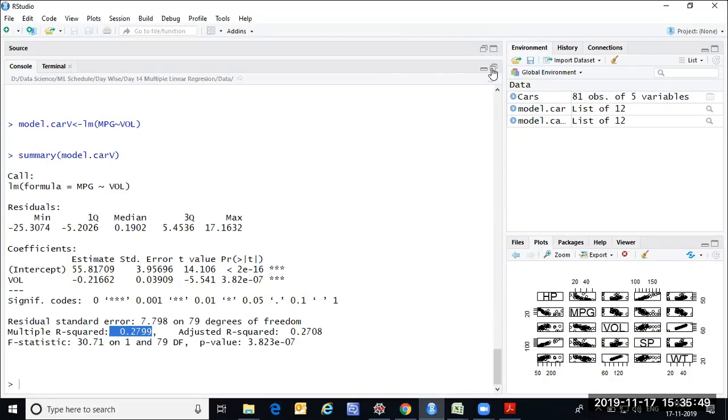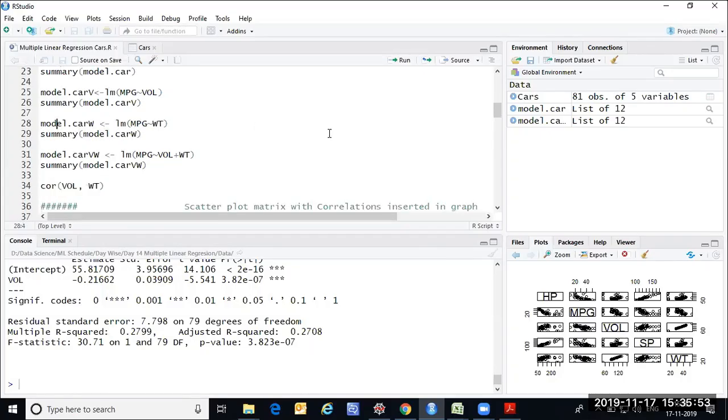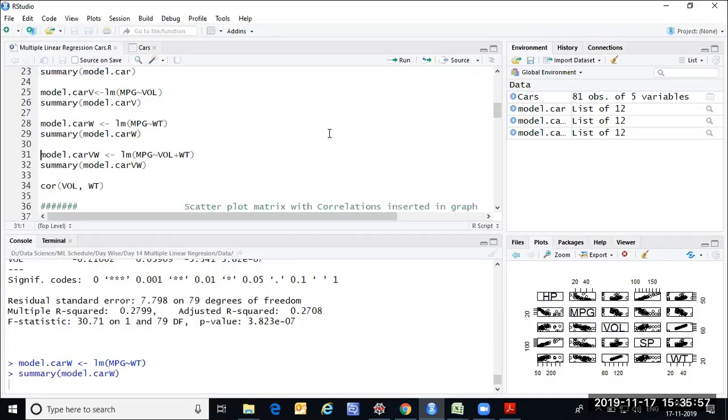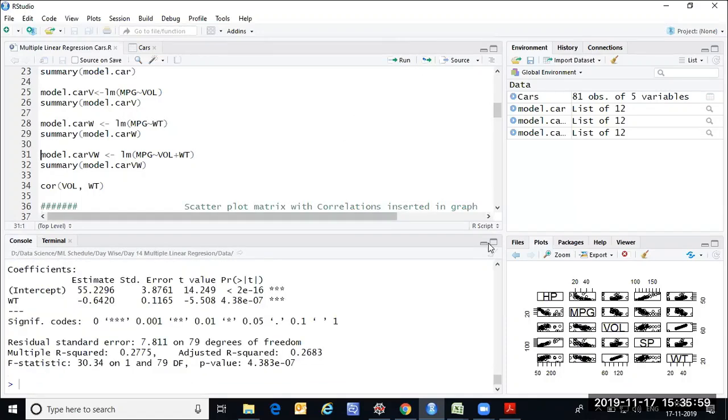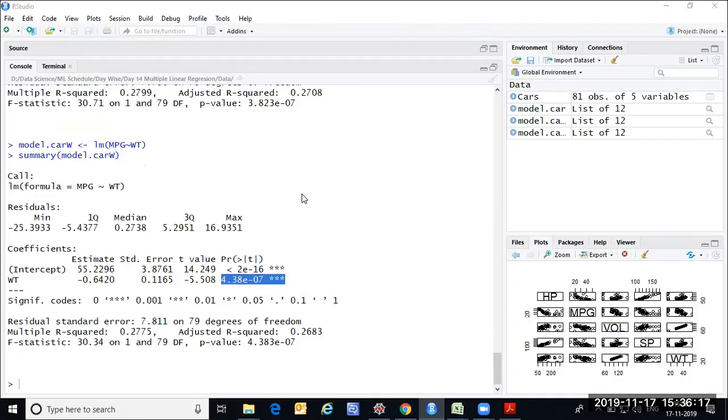Now let us check for weight. How about weight significance? It is also significant, right? The p-value is definitely lesser than your alpha significance level, right?